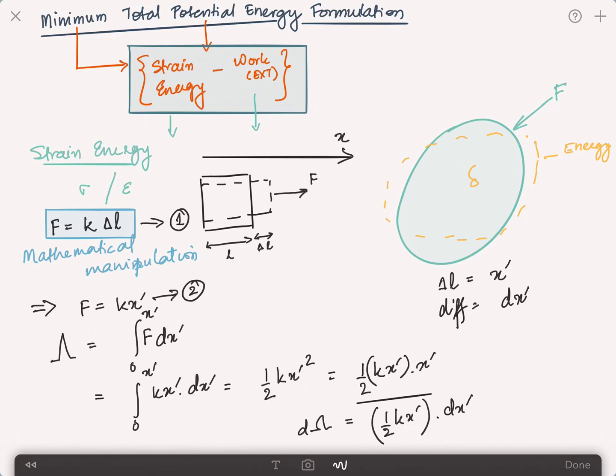Now this deformation was a differential deformation, so we could find out the differential energy that was spent inside the system.